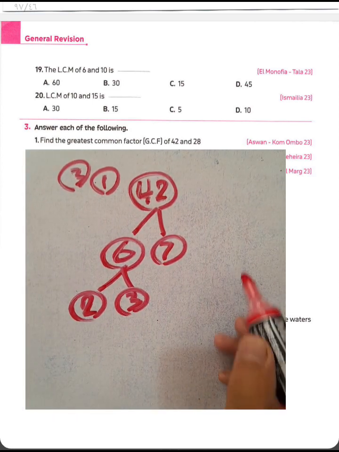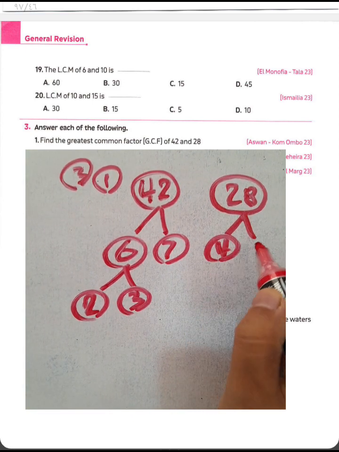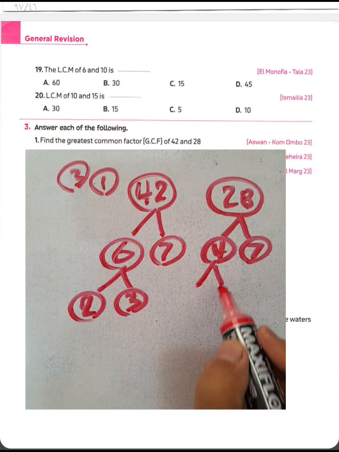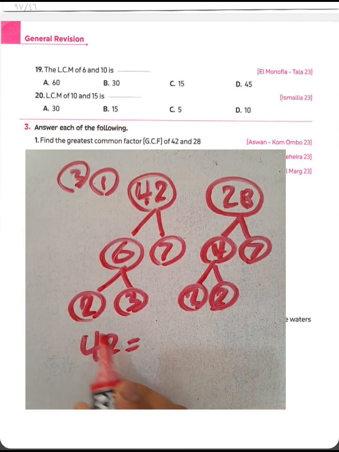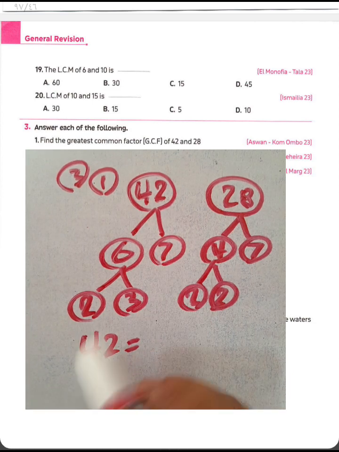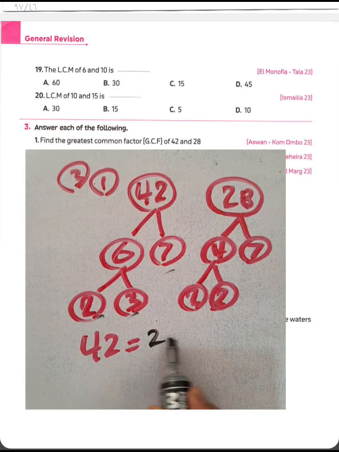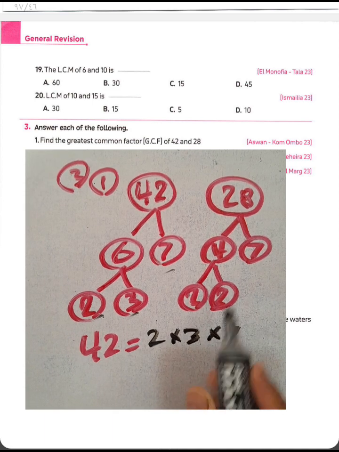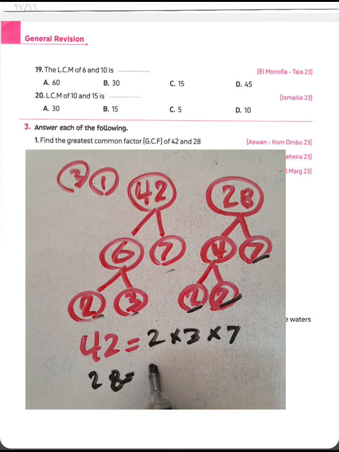And the next number here, 28 equals 4 times 7, and 4 here equals 2 times 2. Then you can write 42 equals 2 times 3 times 7, and 28 equals 7 times 2 times 2.